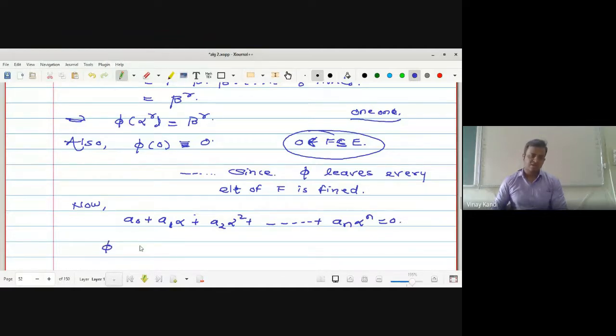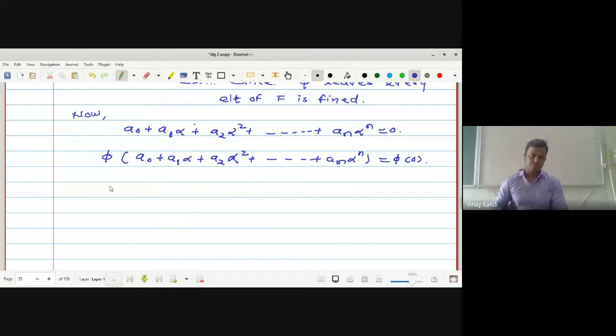Apply phi on both the sides: a naught plus a1 alpha plus a2 alpha square plus up to so on an alpha raised to n is equal to phi of 0. Did you understand why we took this on both sides? Now phi is an automorphism.